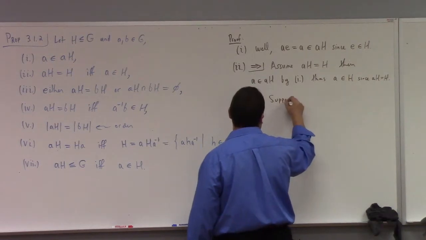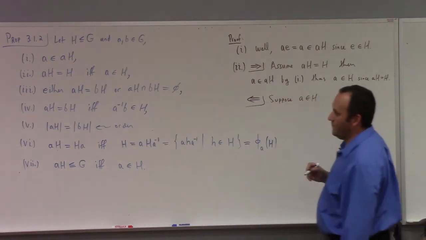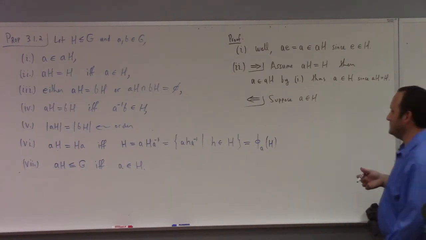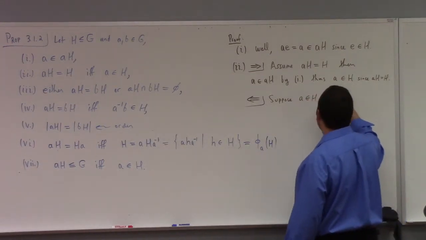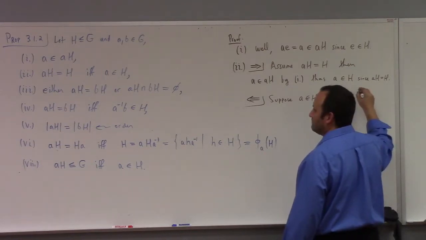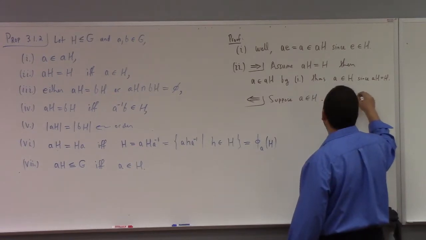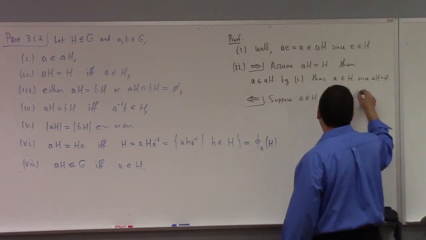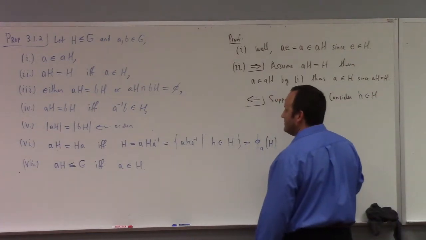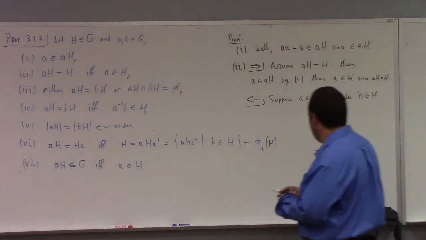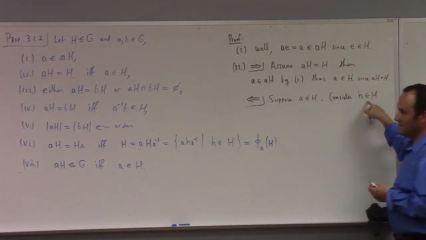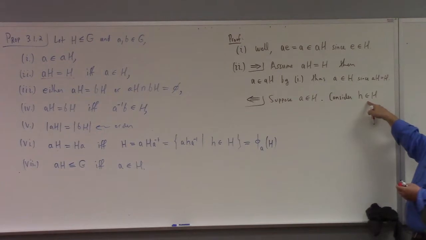Suppose a is an element of H. Now this is the part where we have to show aH is equal to H. Notice, let's see here, consider h in H. What I'm trying to show right now is that aH is equal to H. So at the moment I picked an element h of H. My goal is to show that this is also in aH.